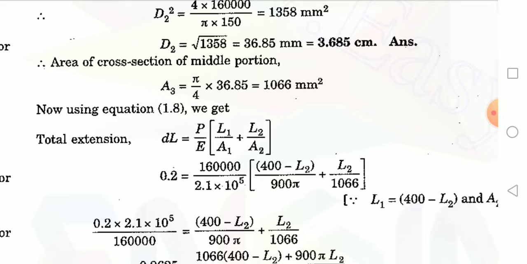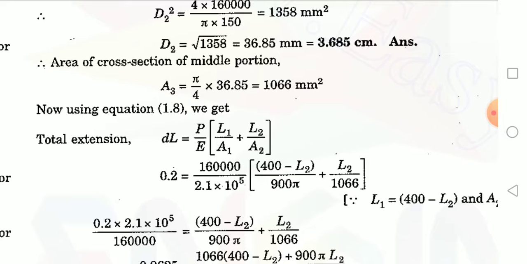So the common thing, load 160 into 10 power 3 divided by 2.1 into 10 power 5. Then L1, which we don't know, is nothing but 400 minus L2, divided by the area already calculated, that is 900 pi, plus L2, the middle portion length, divided by the area of the middle portion.